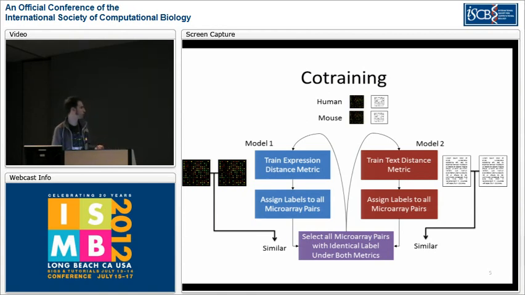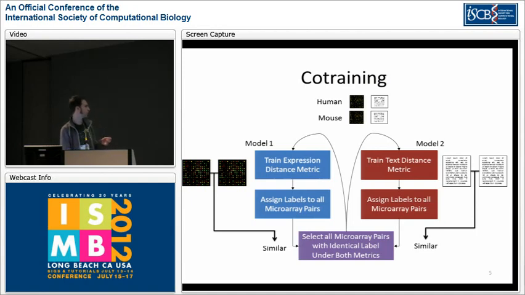The core of this is an iterative process where, when you take the pairs, let's say for this pair we're looking at, we see that it's similar on text and similar on expression. Since we know that text and expression can contain, to some extent, orthogonal information, we think that this is a particularly likely pair to actually be similar.